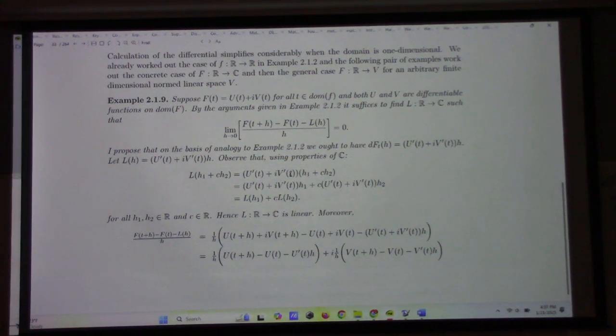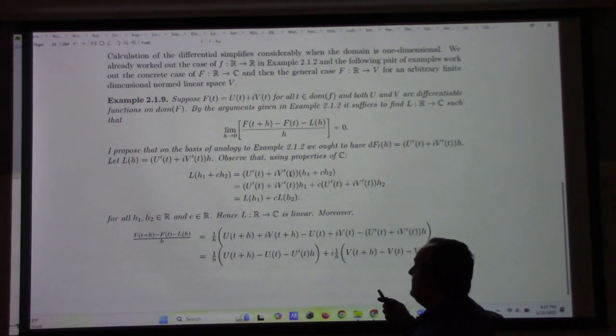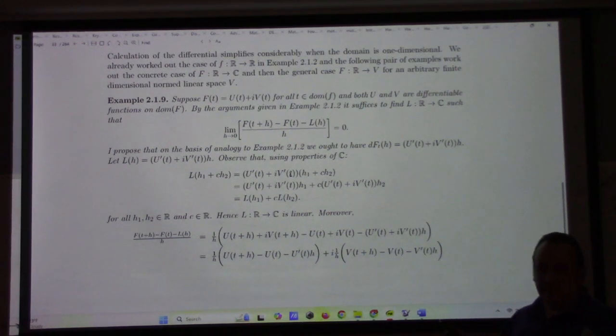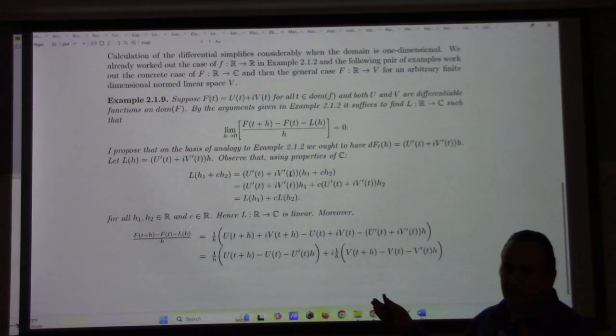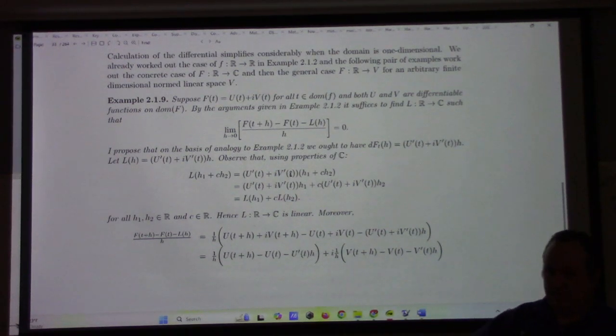Because it's that big theorem I was talking about. This example here, 2.1.9, I look at a function which is going from, I think I'm missing, so I really should tell you that the domain is a subset of the real numbers. So what we're looking at here is a function from the reals to the complexes, right? You could look at it as a function from the reals to the plane.